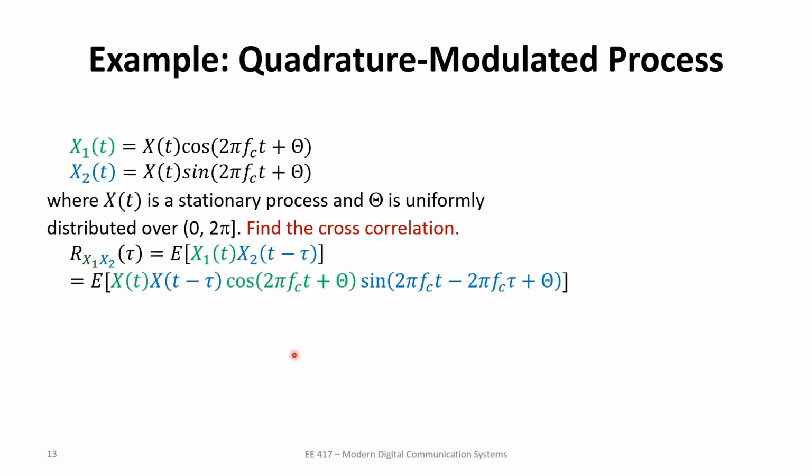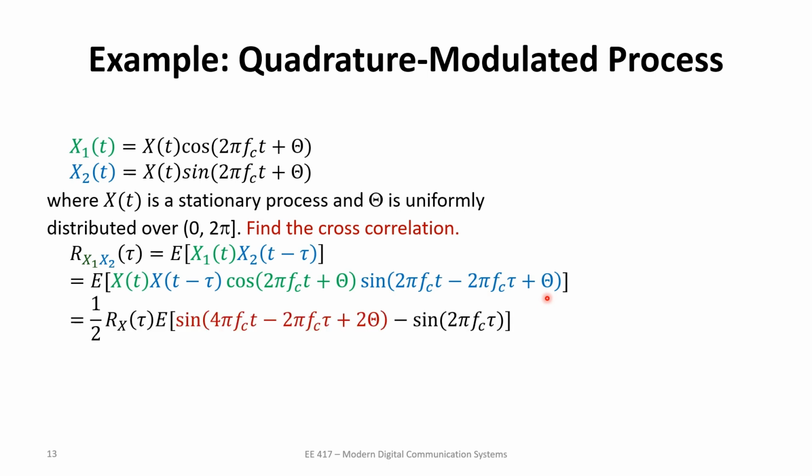If we substitute now, the green part represents x1, blue part represents x2, and we can now use trigonometry. We know that sine times cosine, we can represent this as 1/2 sine the sum and sine the difference, with a minus sign here. And remember that this product is nothing but the autocorrelation of x. Now again, the expected value, if you integrate over 2 pi, you can tell that this term is going to be 0, and what remains is this quantity.